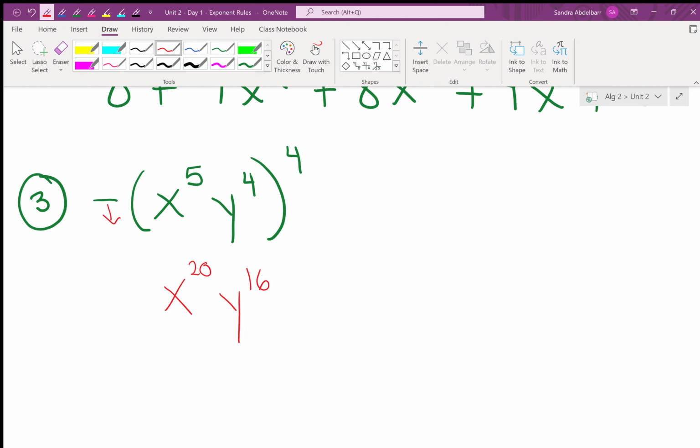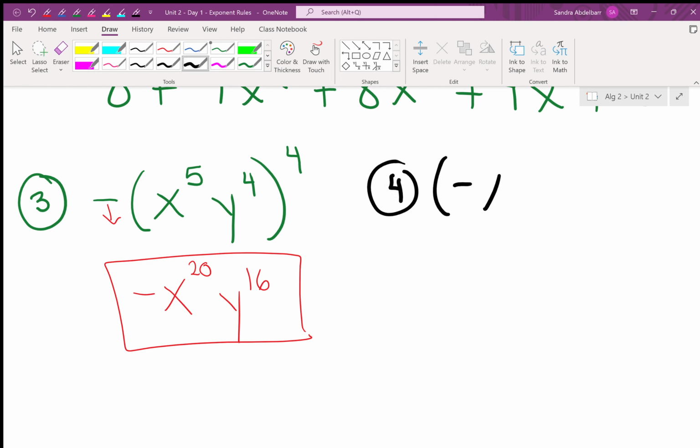What do I do with that negative in the front? Just bring it down. Right, so how does this differ from this? Right, now, does that negative get raised to the 4th power?